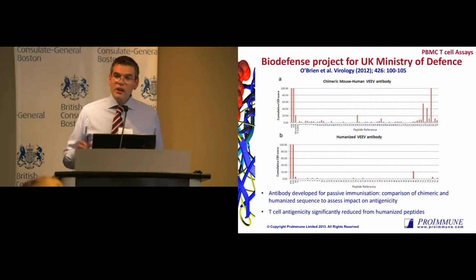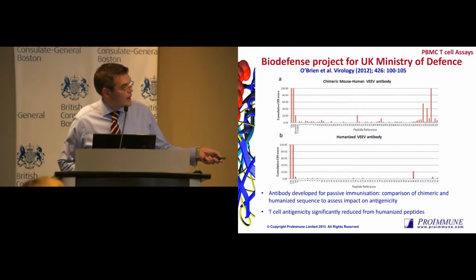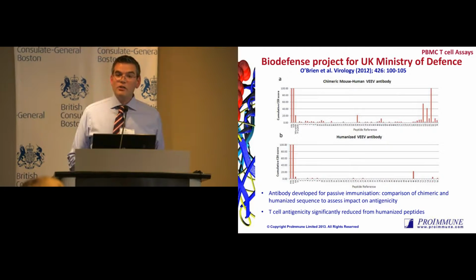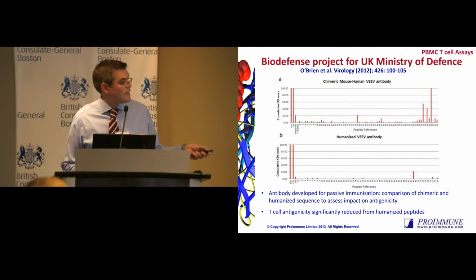Now we generated all the overlapping peptides for these two different variants, and then carried out the analysis in the PBMC T-cell assay. And we can see that the peptides that continued to respond were from the CDR regions, which really couldn't be manipulated very much. But remarkably, you can see that the T-cell antigenicity is significantly reduced in the humanized version compared to the chimeric.